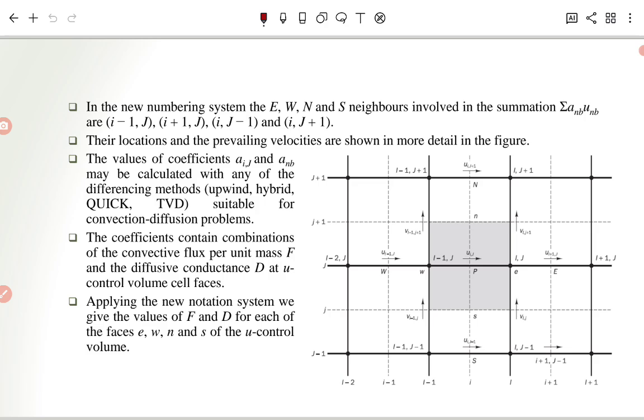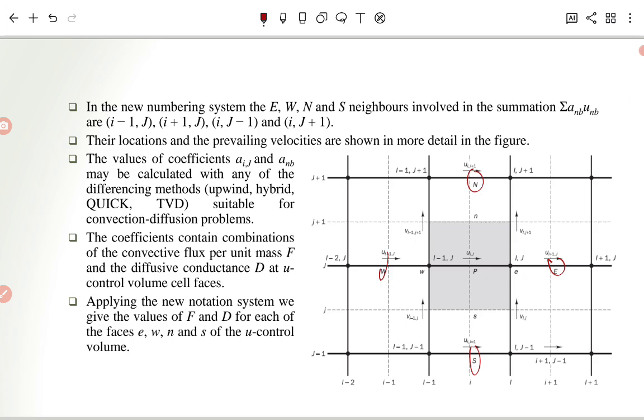Let me refer to this figure, the new numbering system with east, west, north and south.